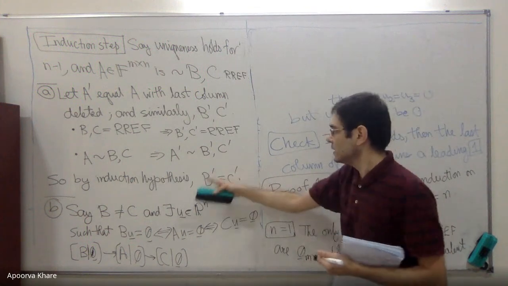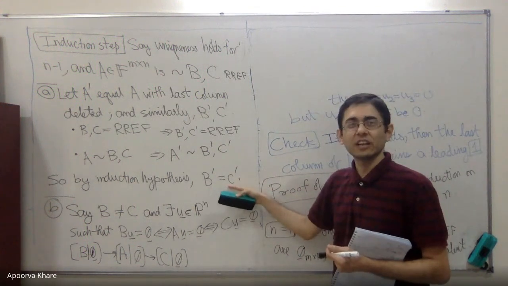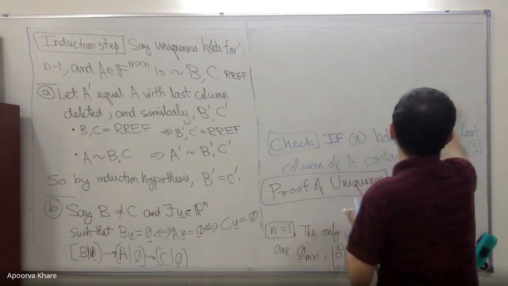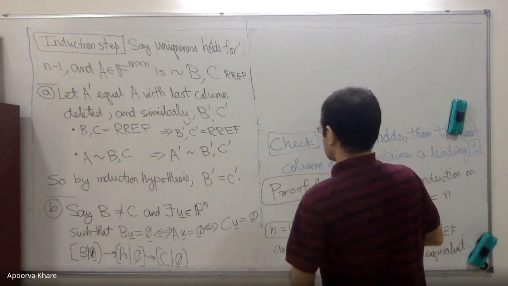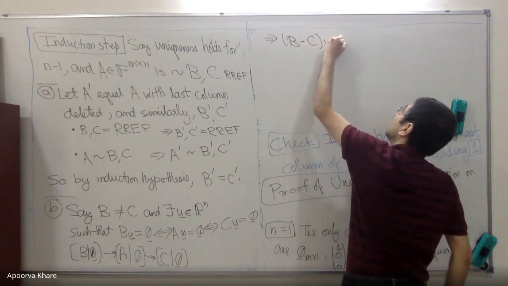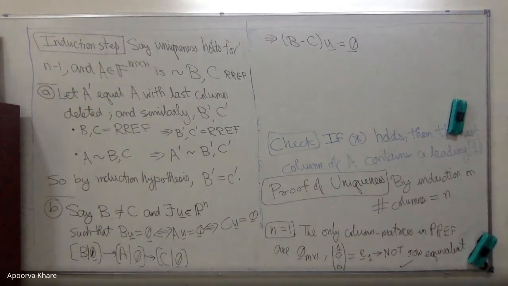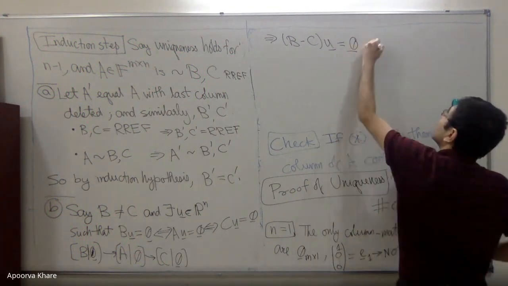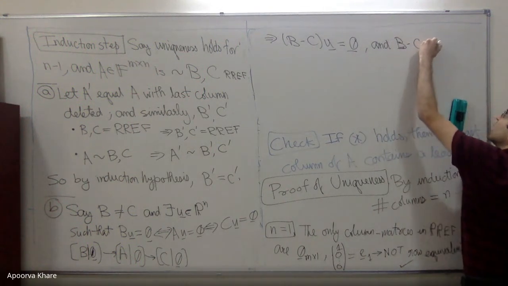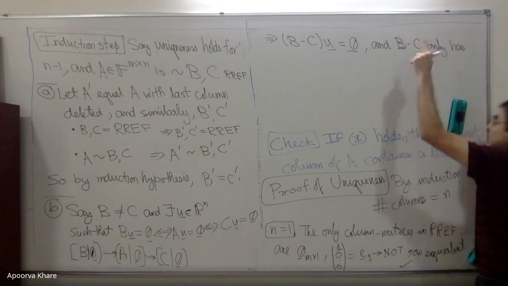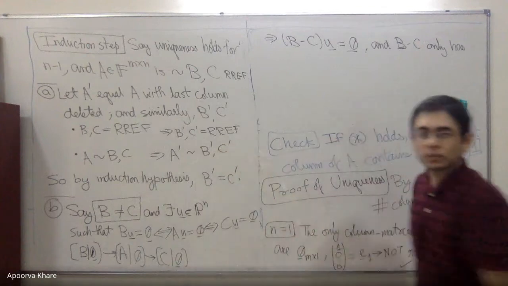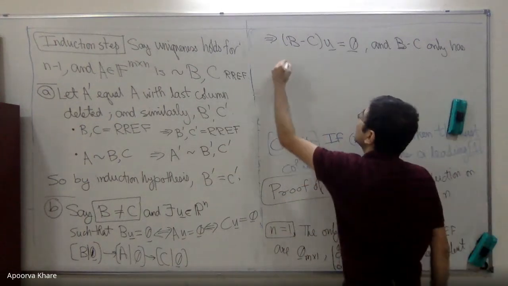But now B minus C, because of this equality, only has the last column non-zero, right? The last column is non-zero because we are assuming that B is not equal to C, and all other columns are equal.